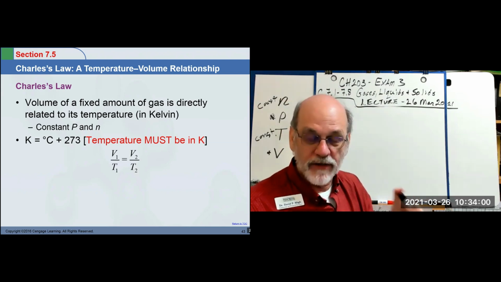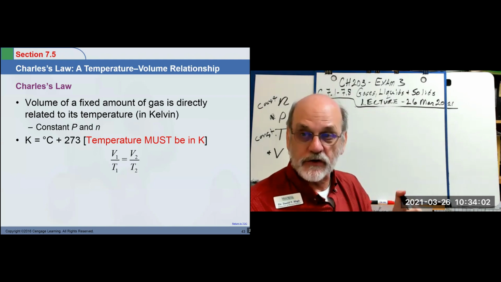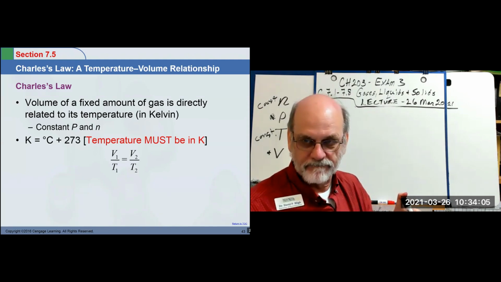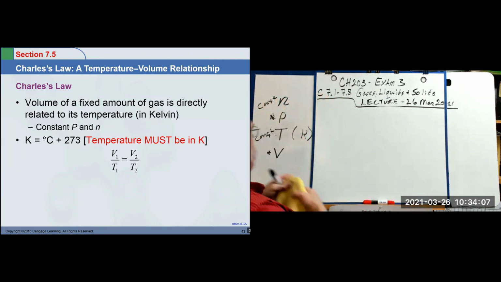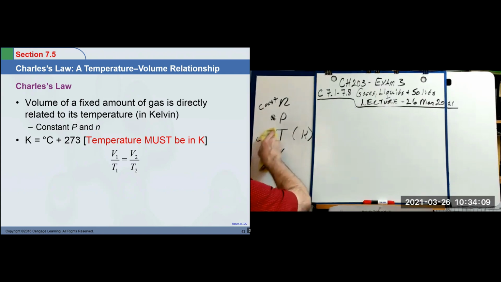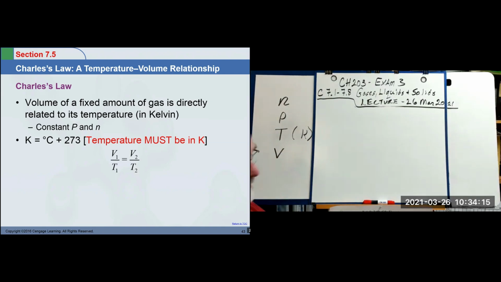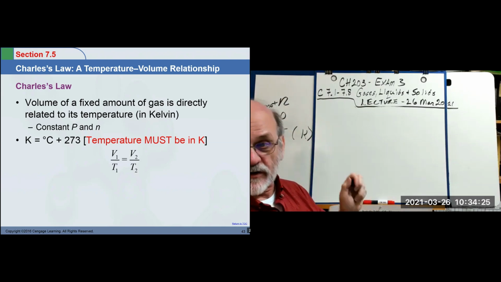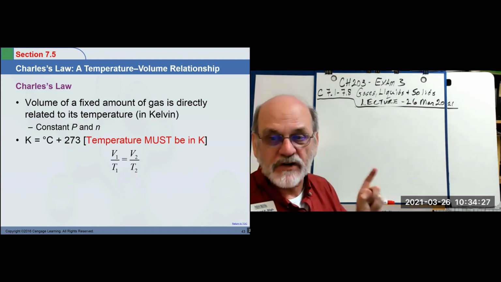So they had a reliable thermometer that Charles could use to measure temperature. So if you're going to let temperature and volume vary here, these need to be held constant. Temperature and volume can vary, but the others have to be constant. And temperature must be in Kelvin.